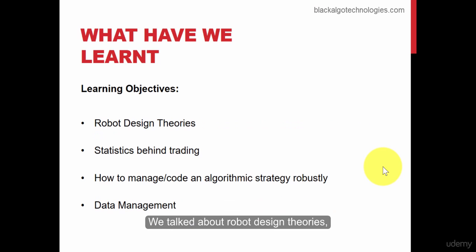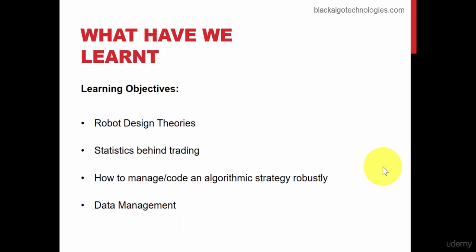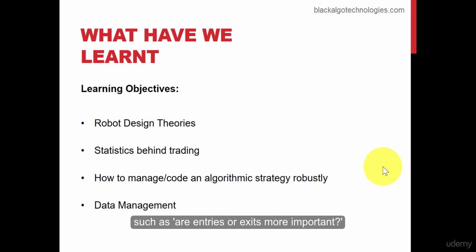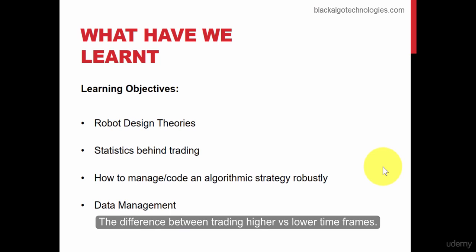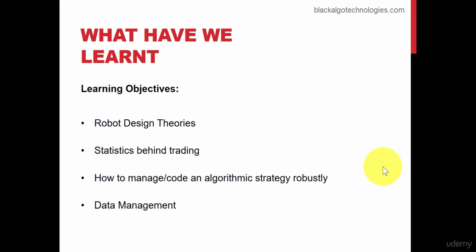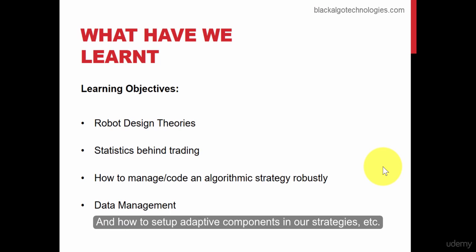We talked about robot design theories, such as are entries more important or are exits more important? And what does the stop loss really mean? Asymmetrical rules, how to model transaction costs, the difference between trading higher versus lower time frames, and how to set up adaptive components in our strategies, etc.